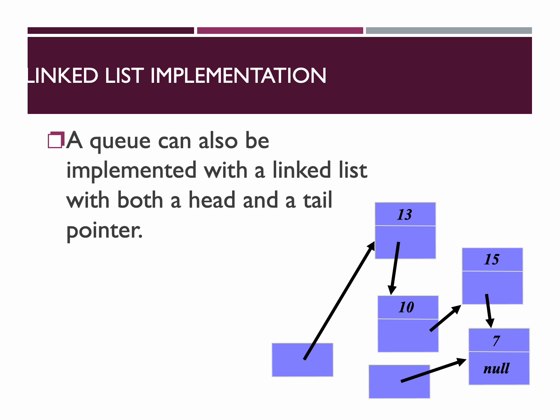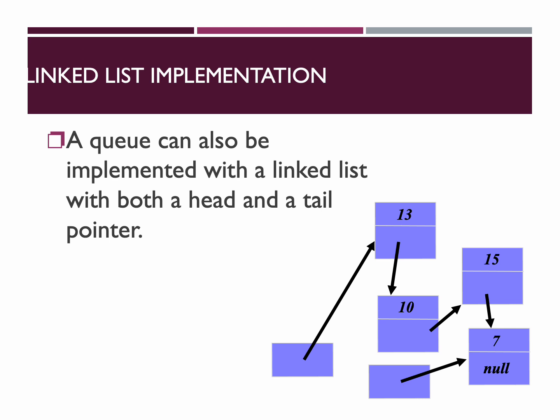Okay, now we'll see the linked list implementation. A queue can also be implemented with a linked list with both a head and a tail pointer. So we saw the queue implementation with an array, and now we will see a queue implementation with a linked list.